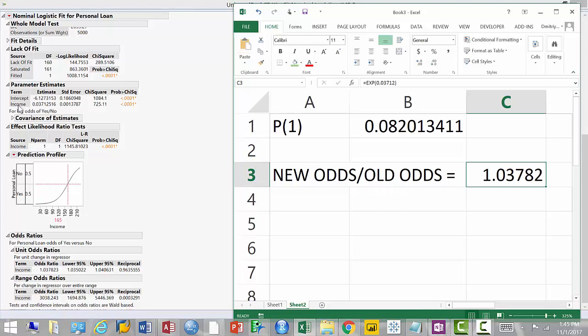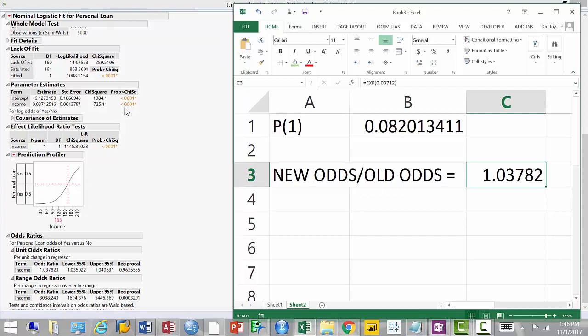Here's my income slope, and at the end of the line where it says probability greater than chi squared, that's my p-value. I have only one to test because it's only one variable, income. So I'm asking myself, is income a statistically significant variable in predicting the likelihood of a customer getting a loan out of the bank? Well, here's your p-value.